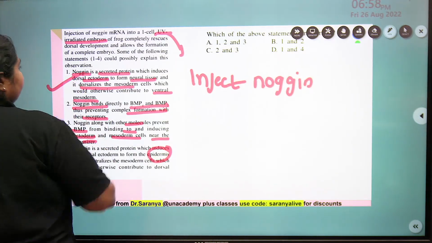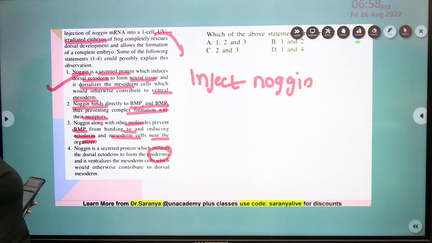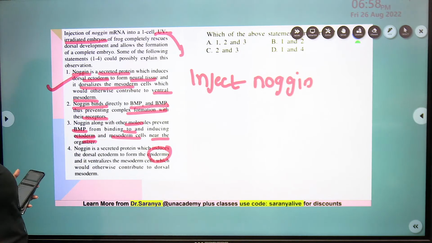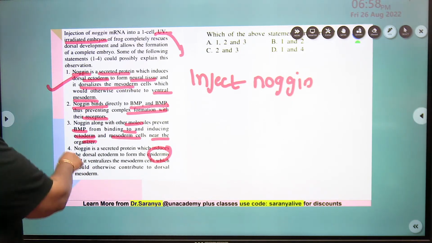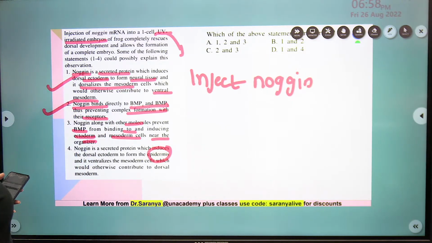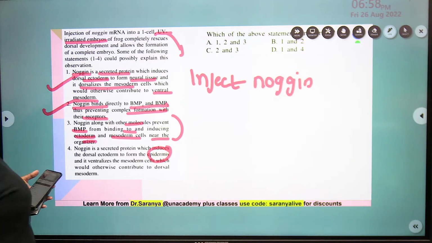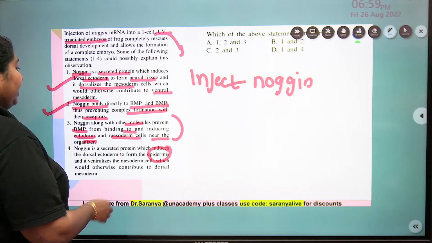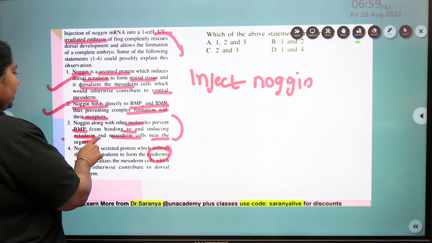So noggin is a secreted protein. It will form only your neural tissue. It is going to dorsalize. So the first point is right. And the second point is right because it is going to bind with your BMP. What is wrong with the third point? It says noggin prevents the BMP from binding and it will induce your ectoderm.